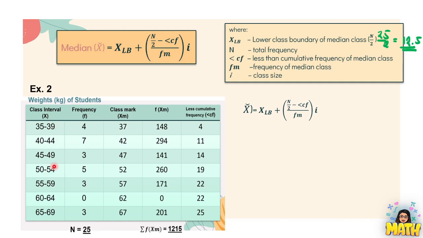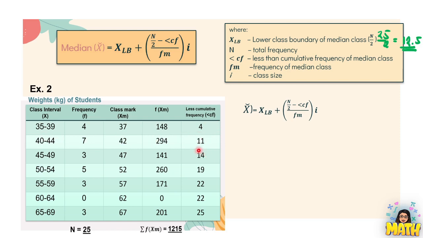At dito sa ating frequency table, naka-arrange na po ito from smallest to highest. That means our first 4 scores have this data at nandito naman ang pinaka-matataas na score. So, para mahanap kung nasaan yung 12.5 position, dito po tayo titingin sa ating less than cumulative frequency. 4 here refers to the first 4 smallest scores. 11 refers to the 5th to 11th smallest scores.